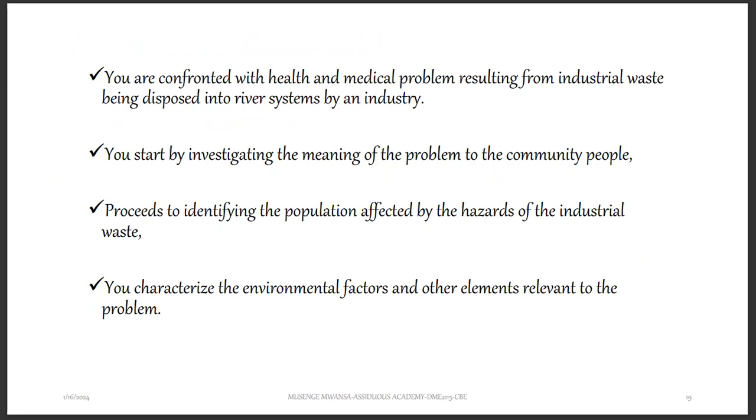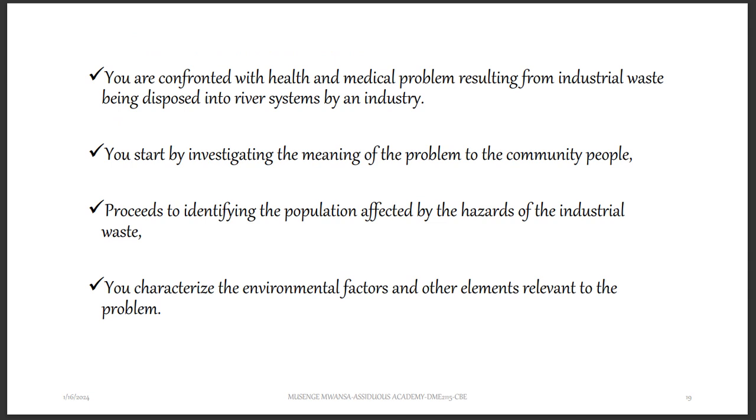Okay. So for example, say you have been confronted with a health and medical problem resulting from industrial waste being disposed into river systems by an industry. The first thing is we are going to start by investigating the meaning of the problem to the community people, and then proceed to identifying the population which is affected by that hazard.